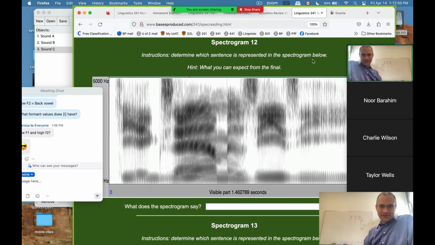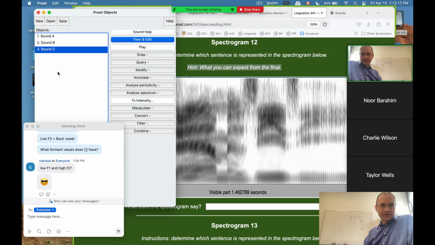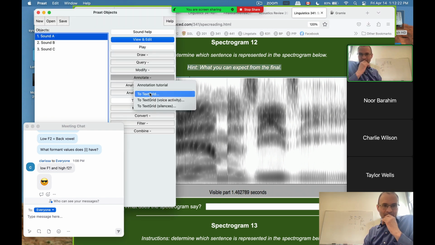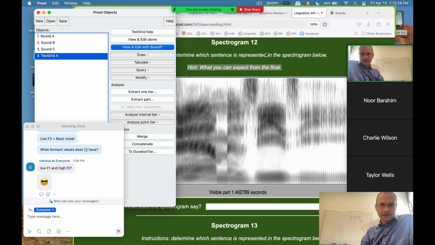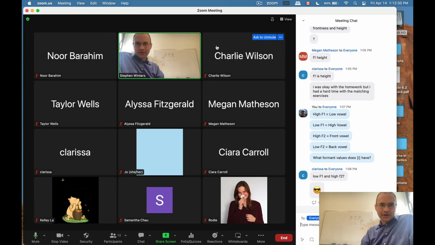Do you see any, well, yeah, so do you see any E's in this first spectrogram? So the hint for this one is what you can expect from the final. Or maybe, to make it even easier, let me open this up in Praat.